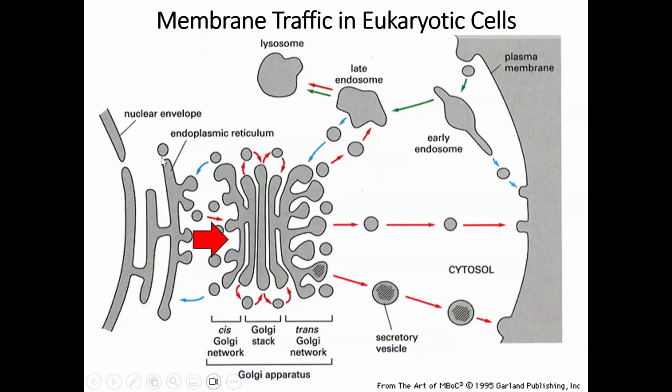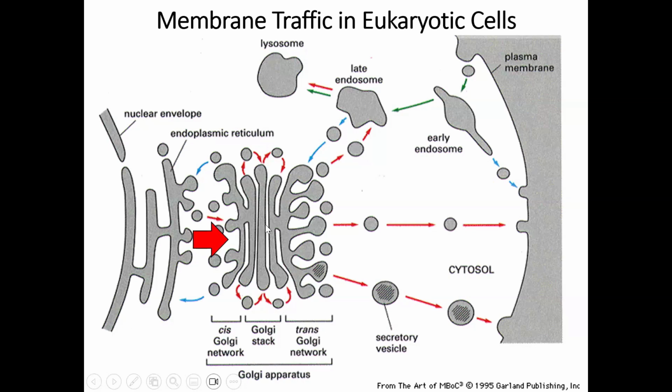So here what you are looking at, that this is the endoplasmic reticulum, and this is essentially the trans face from where the vesicles are being formed. These vesicles are going to go to the Golgi and fuse at the cis-Golgi network, and then from each one of these stacks of Golgi, it's going to form a vesicle, go to the next one, form a vesicle, go to the next one, and go ultimately to the trans-Golgi network.